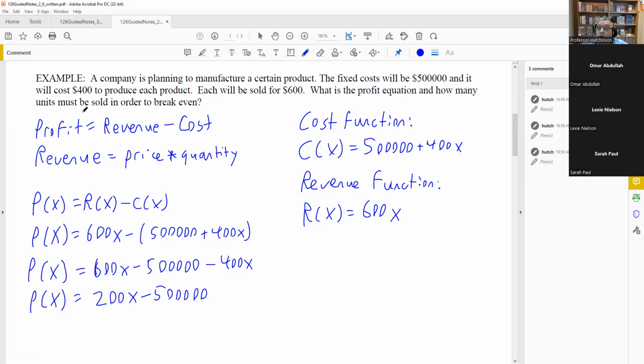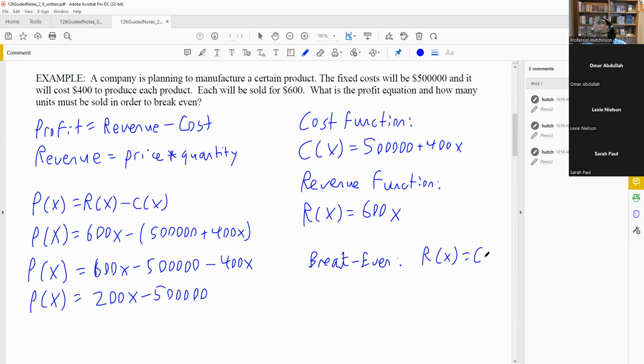Now, the other thing it asks for here, it says how many units must be sold in order to break even. Now, break even means that your revenue, there's two different ways that you can tell if you have a break even. So if I have break even, it means that the revenue equals the cost.